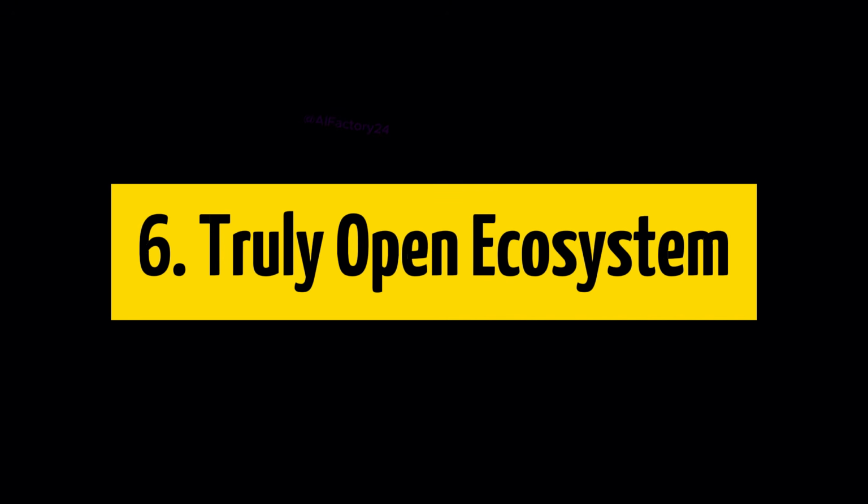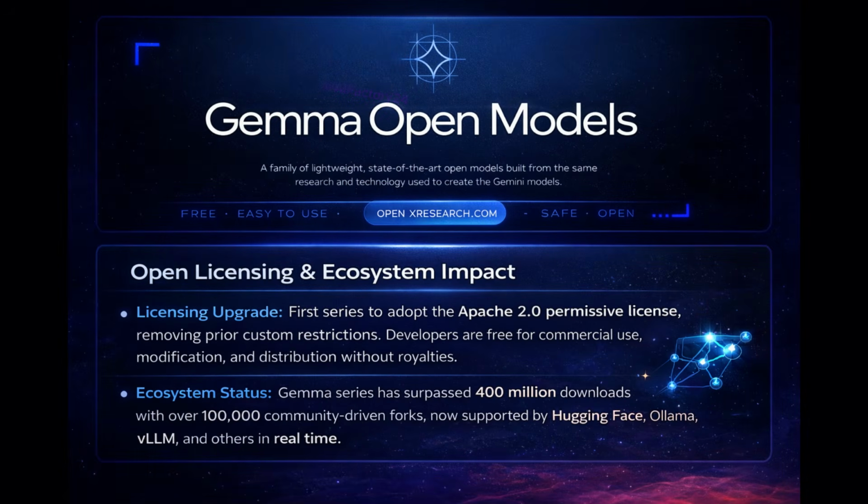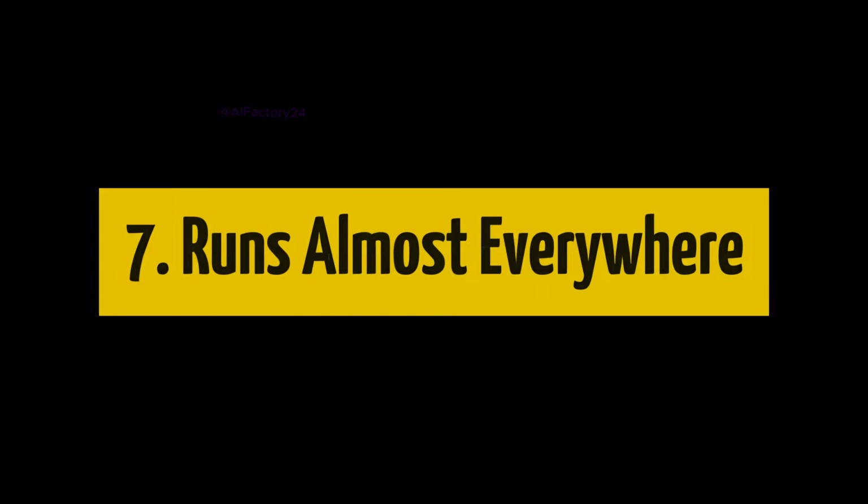6. Truly open ecosystem. Gemma 4 adopts a permissive Apache 2.0 license, meaning developers can use it commercially, modify it freely, deploy it anywhere, distribute their own versions. This removes many restrictions that previously limited open models. 7.